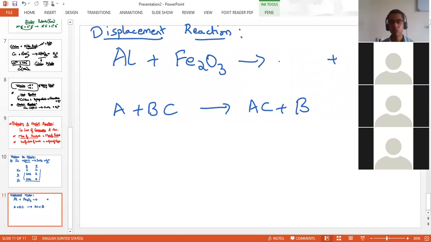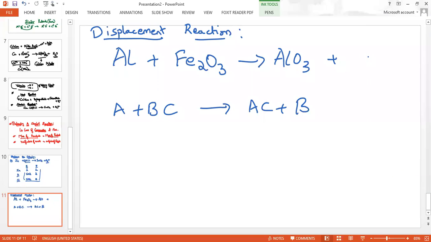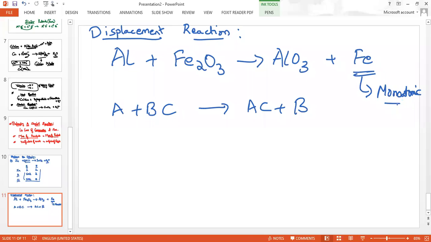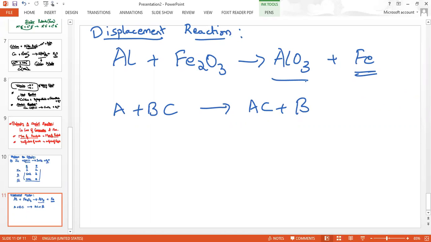We have to balance this. No, sir, it is not Fe2. It is Fe only, simply Fe, because metals are monoatomic. They will not form molecules. And what is the formula for aluminium oxide?